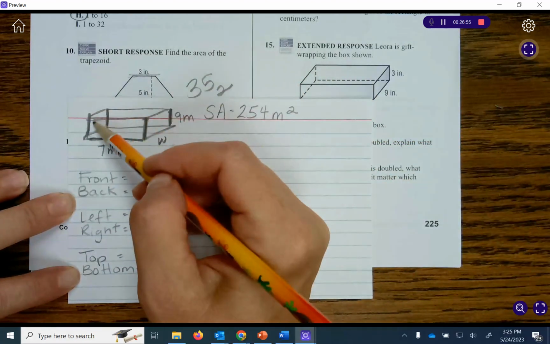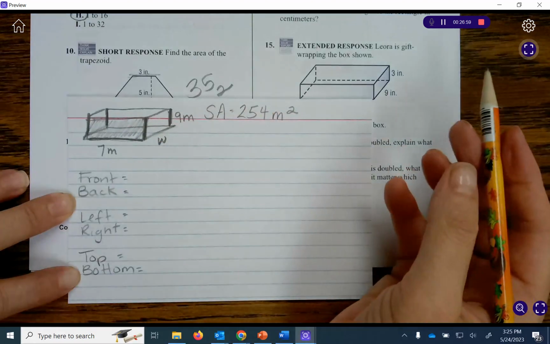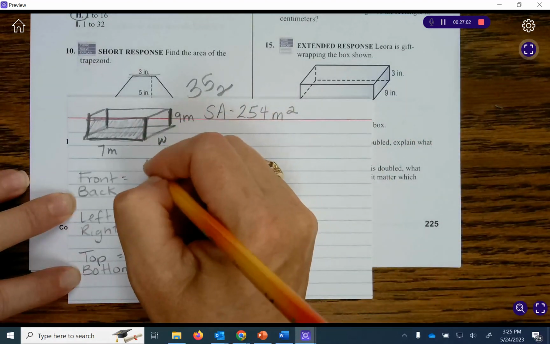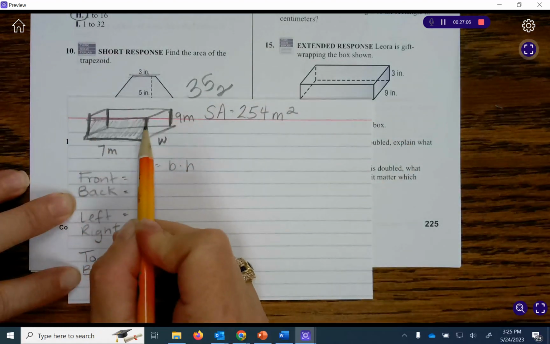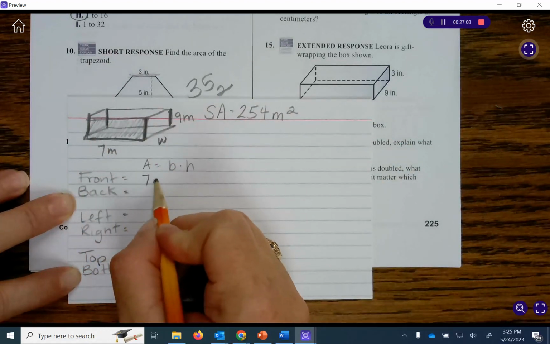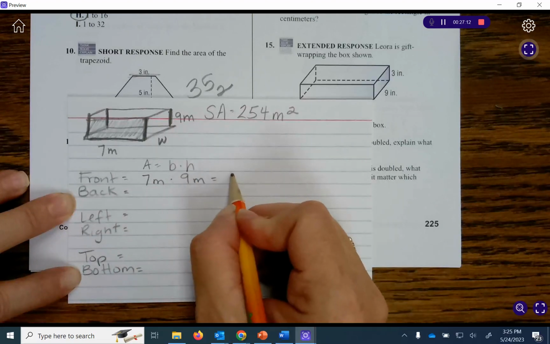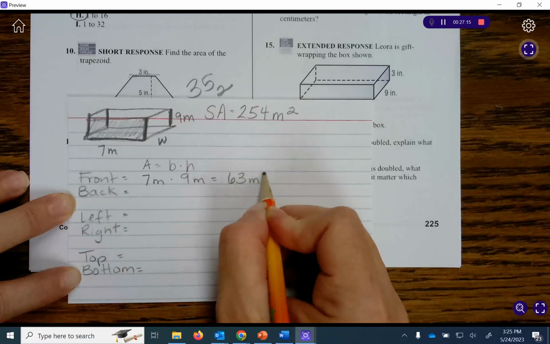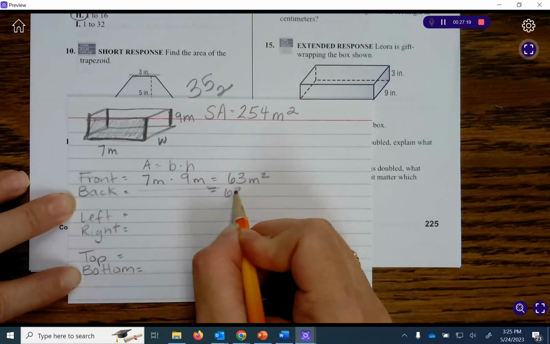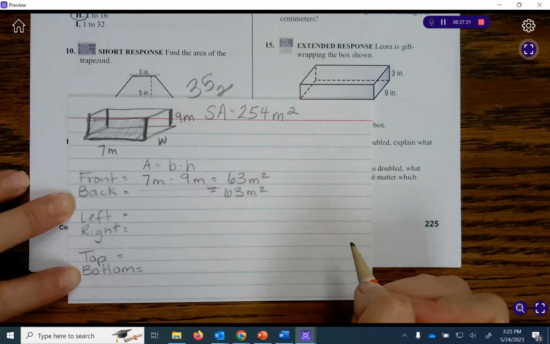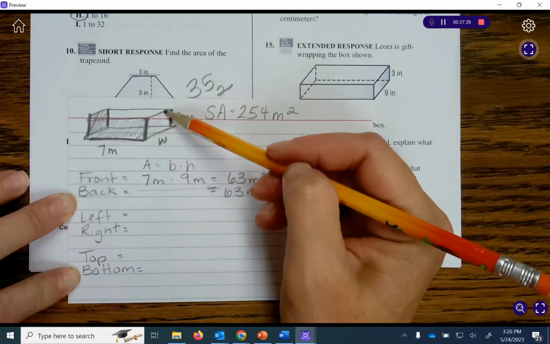All right, so let's take a look at the front here. What are the dimensions of the front? Because I want to find area. Area equals the base times the height. Well, I can see that it's 7 times 9. So I'm going to do 7 meters times 9 meters. And that gives me 63 meters squared. And the back is going to be the same thing, 63 meters squared. Okay, let's look at the left and the right sides.